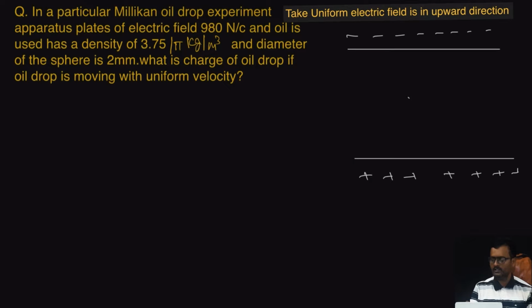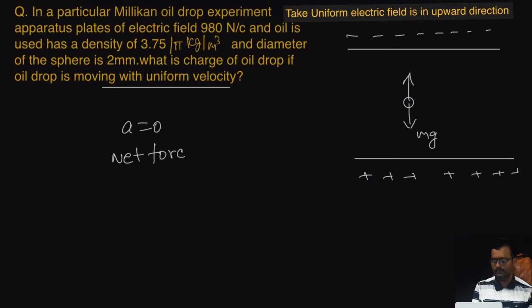Suppose the charged body is here. The gravitational force is in the downward direction, that is mg. The electrostatic force should be in the upward direction because it is moving with uniform velocity. Uniform velocity means acceleration is 0, so the net force should be 0.